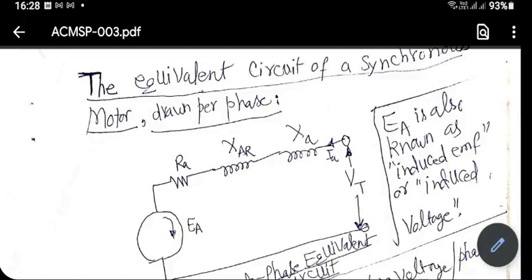Armature current, it's all per phase by the way, is IA. Armature resistance is RA. The reactance due to armature reaction is XAR, and self-reactance of the armature winding is XA. XAR and XA add together to give you the so-called synchronous reactance XS.